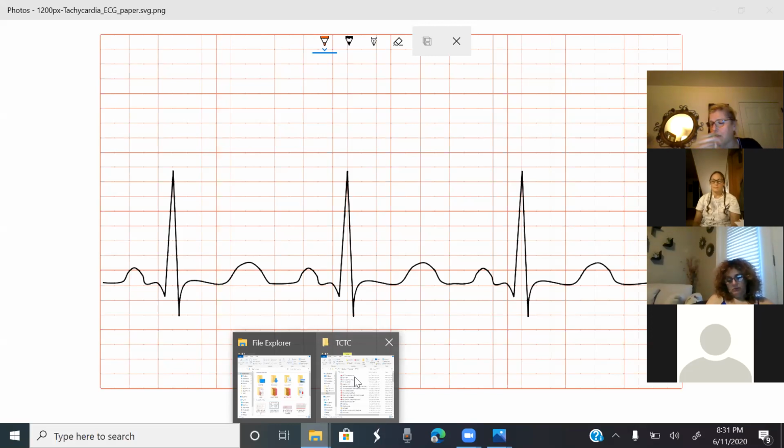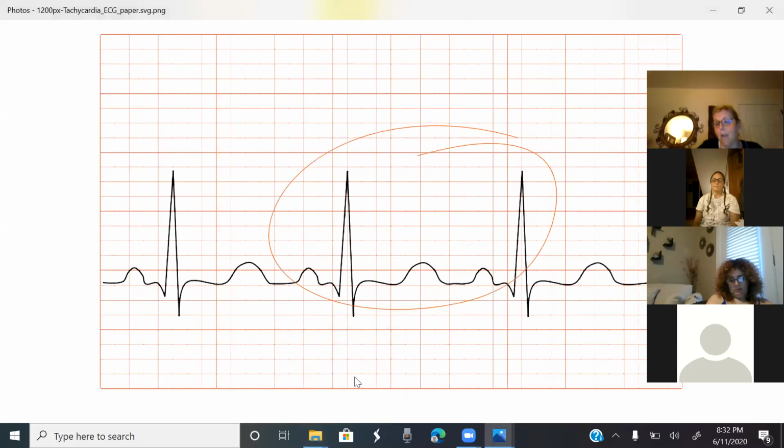I have a game too that we can play later when we have to really know the rhythms. Is it regular or irregular? Well, if it's regular, then it can't be all of these things. It has to only be these. So is it slow? You're not diagnosing, but you're naming these rhythms based on what you can see right here, because it can't be anything else.